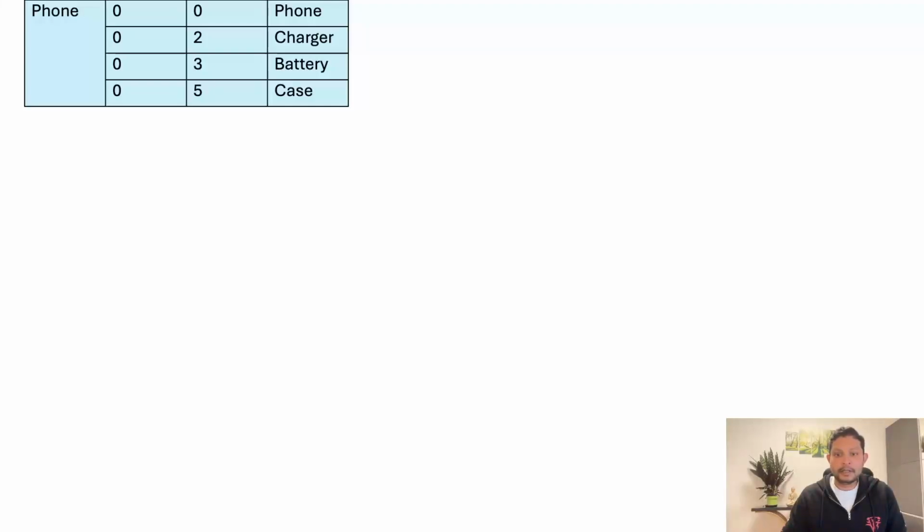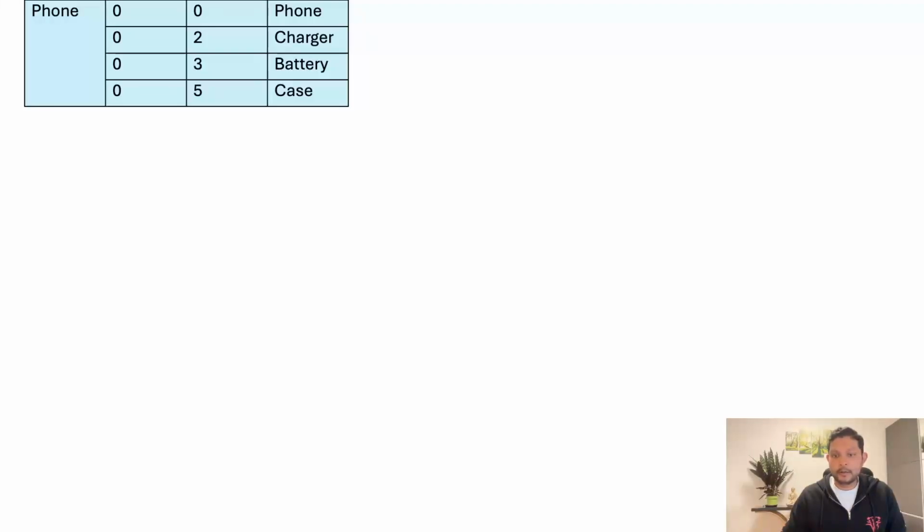So here phone is the source whose index is 0 and it is connected to target which has index 0, which is eventually itself, and then charger which has index 2, and phone is also connected to case which has index number 3. You remember that in the first video we talked about why we need the index. So here is where we need the index. The first column is the source index and the second column is the target index.